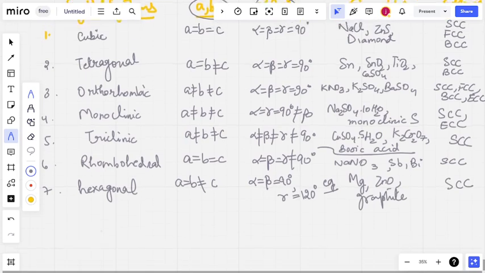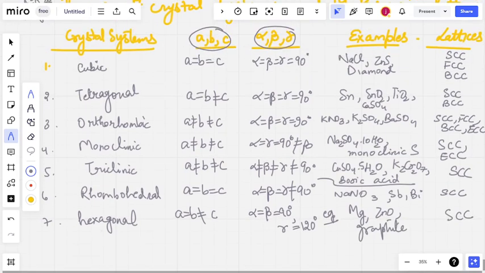So now let us count if we have the total of 14 Bravais lattices or not. 1, 2, 3, 4, 5, 6, 7, 8, 9, 10, 11, 12, 13 and 14. So there are a total of 14 Bravais lattices and the 7 crystal systems.